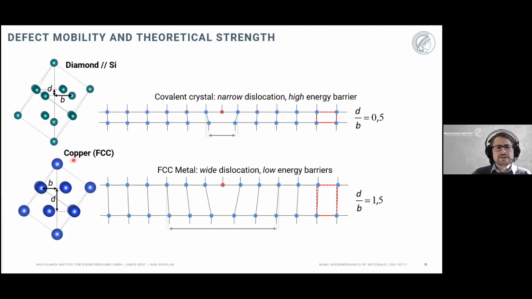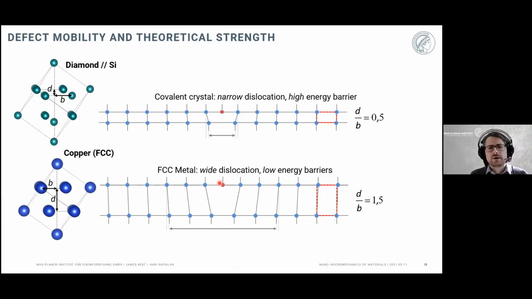We can see that here as well if we take this schematic. We have a covalent and compact crystal lattice like for diamond or silicon. You could imagine that to move this defect or dislocation along this plane is much harder than for copper, where the dislocation is in a much wider region of the lattice and the energy barrier for moving this is much lower.